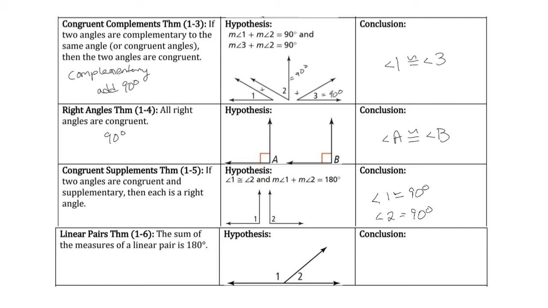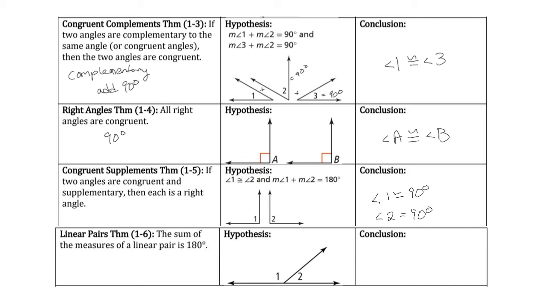Okay, and then the last one is the linear pairs theorem. This tells us the sum of the measures of a linear pair is 180 degrees. So we went over the definition of a linear pair before, where a linear pair is two angles that form a line. That just means if we add the two angles together, they equal 180 degrees.